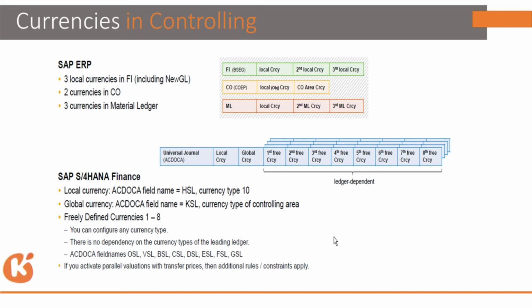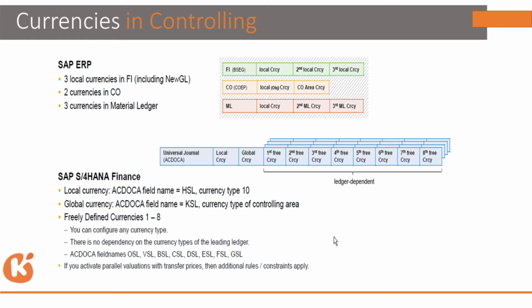Suppose I have a company code in India, so my local currency will be INR, Indian rupees, right? And maybe I can define my global currency as USD. Then I want to activate some other currencies. Maybe I can activate Euro, I can activate maybe Japanese yen, something like that, as per my choice, as per my requirement.